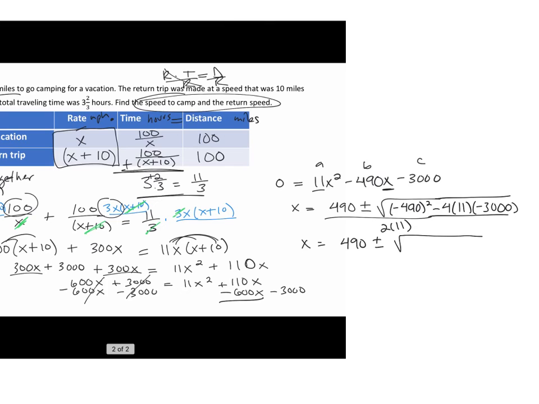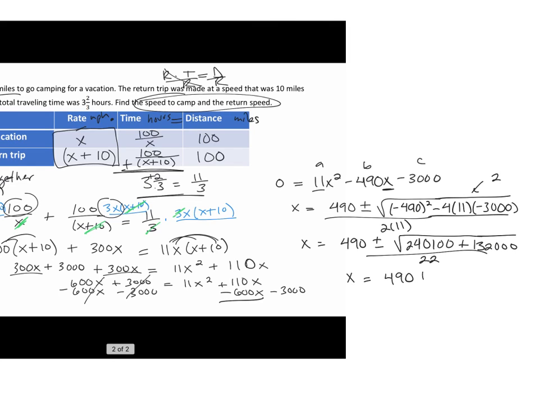490 squared is 240,100. There's 2 negatives, so that'll be plus. 4 times 11 is 44 times 3,000. That's 132,000 all over 22.